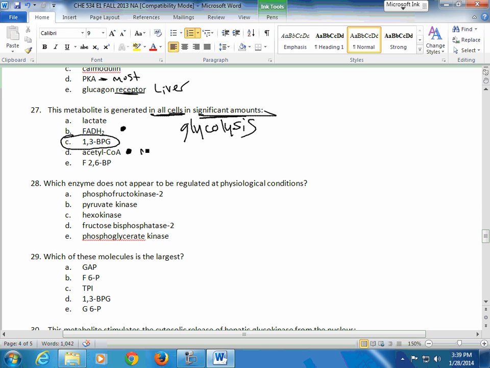So these you need a mitochondria for, which red blood cells don't have. Red blood cells are going to go to lactate. Muscle cells can also do that. So you're only really going to find lactate in red blood cells and muscle cells. Fructose 2,6-bisphosphate is going to be in all cells, but in very small amounts. You need a very small amount of it to take effect.